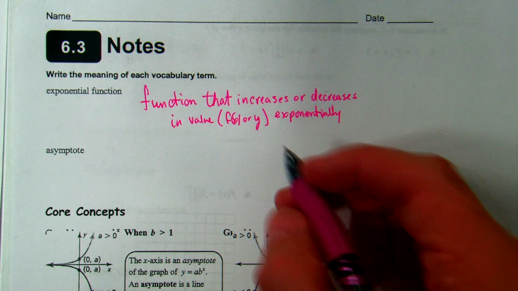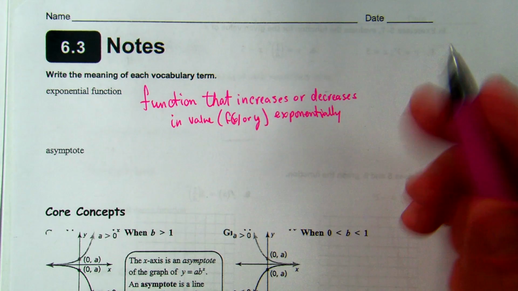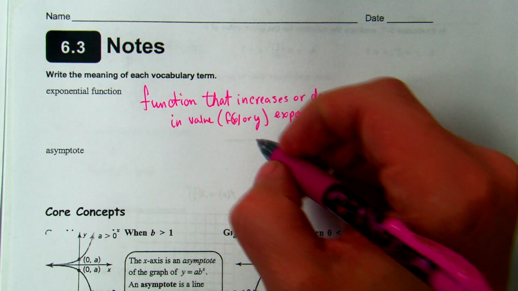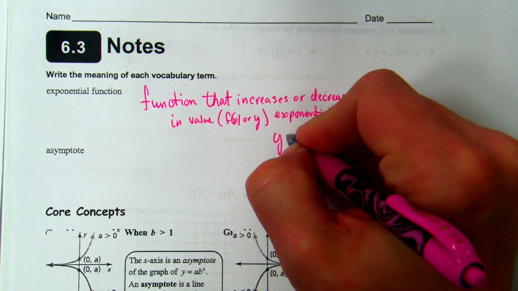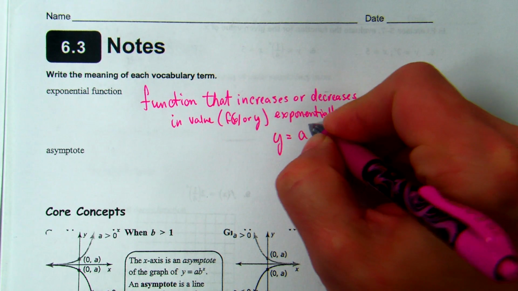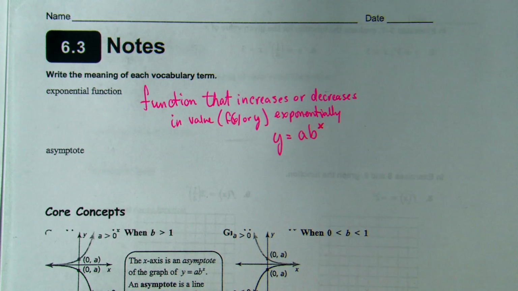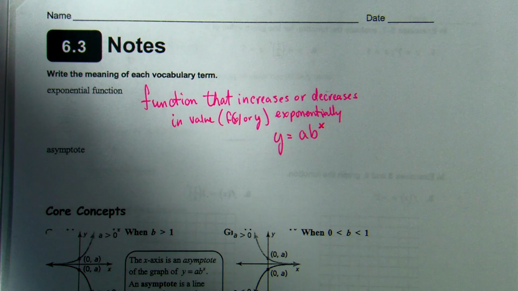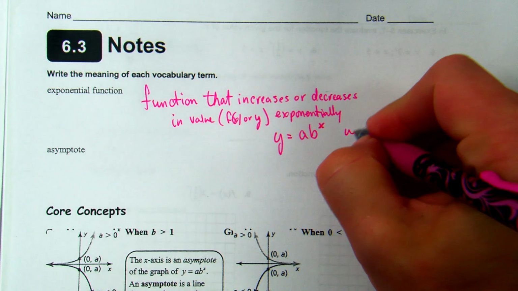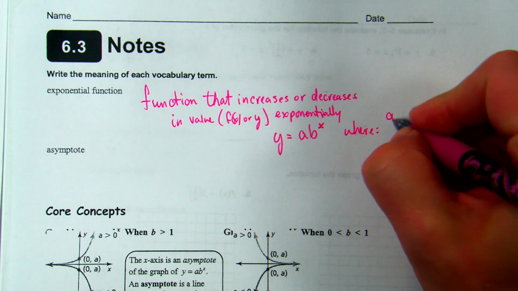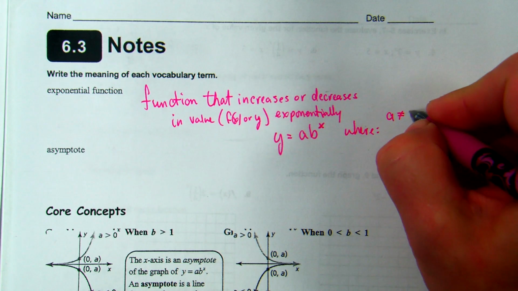And the function that we look at here, just as an example, you'll see it written also in our illustration below. But the function is going to be y equal to a times b raised to the x power. And that also is where a is not equal to 0.